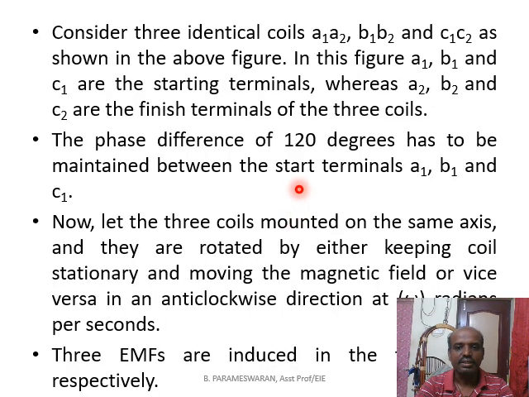As I told you earlier, we have three conductors: A1, A2, B1, B2 and C1, C2. A1, B1, C1 are called the starting terminals, and A2, B2, C2 are called the finishing terminals. Each conductor is placed 120 degrees apart, and once the magnetic field is rotated in the anti-clockwise direction, the EMF will be induced in the respective coils.